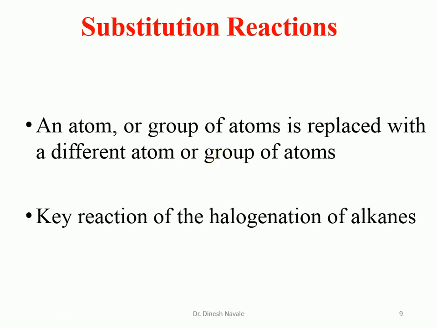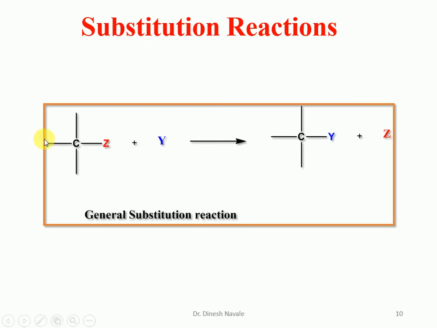A key reaction is the halogenation of alkanes. That means halogenation of alkanes is one of the representative examples of the substitution reaction. Other examples are nucleophilic substitutions, like the SN1 reaction and SN2 reaction. In the general substitution reaction, there is a carbon-Z sigma bond, and Y is another reagent which is going to substitute Z, with formation of a carbon-Y bond.